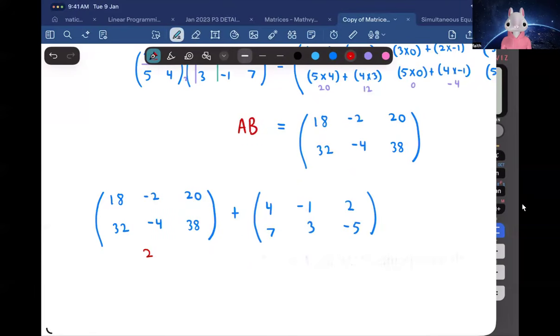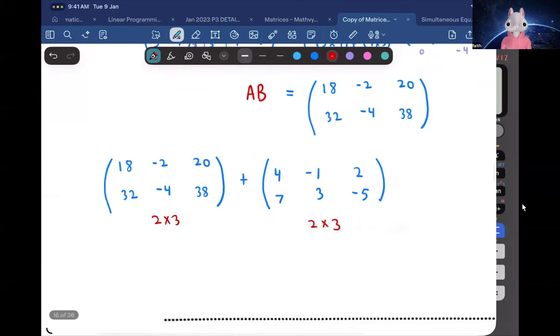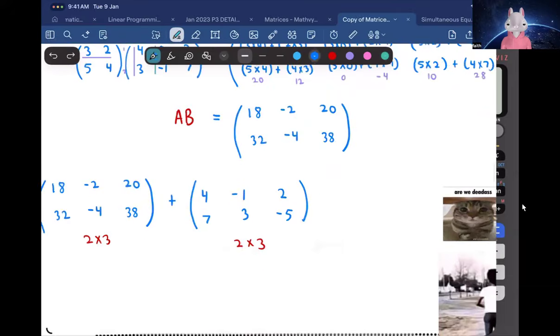So over here, we have a 2 by 3, and over here, we have a 2 by 3. Can we see that? Yes, sir. So we're just going to add the corresponding elements. So 18 and 4, -2 and -1, 20 and that's all. Anytime you have the same order matrix, you can do that.